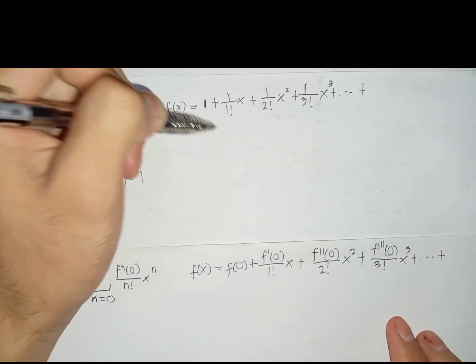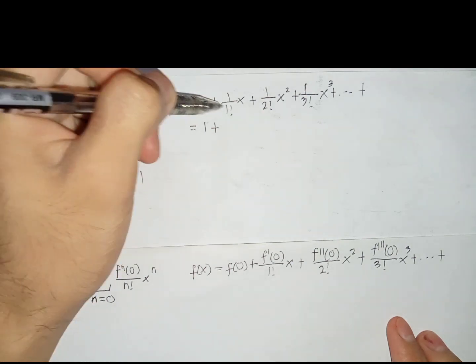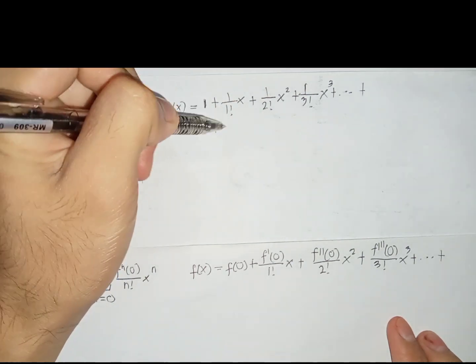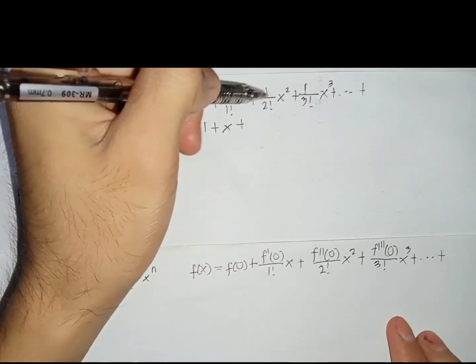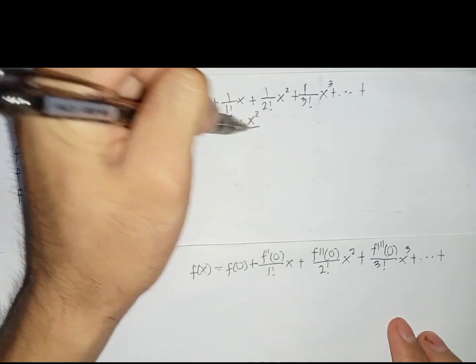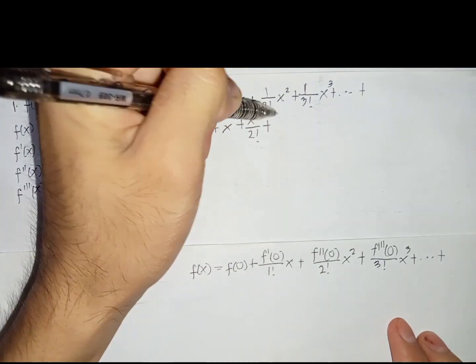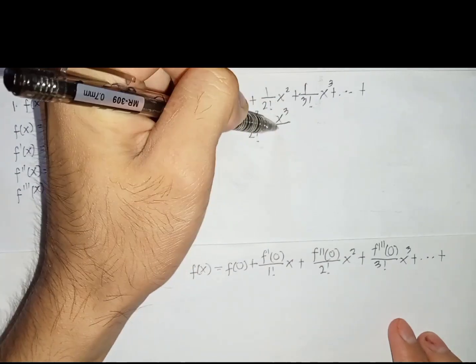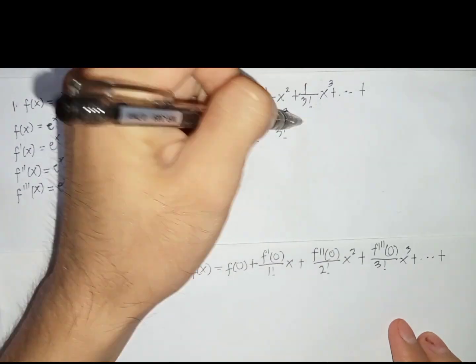Then let's simplify. The first term is 1, the second term is x, the third term is x squared over 2 factorial, next x cubed over 3 factorial, and so on.